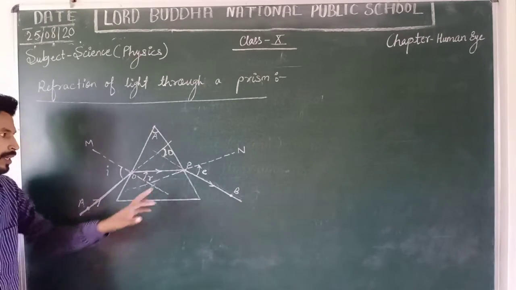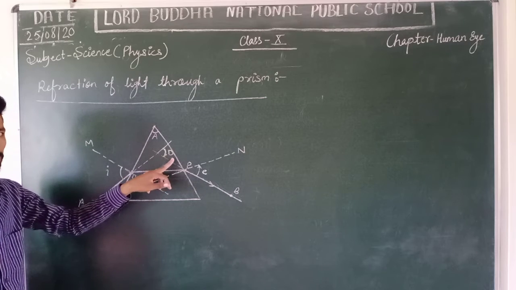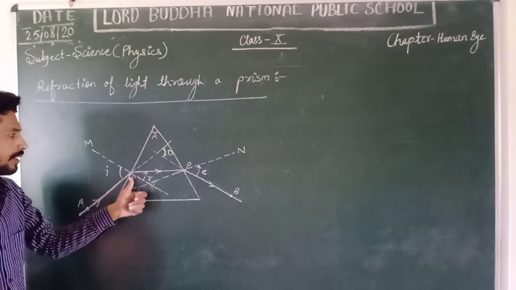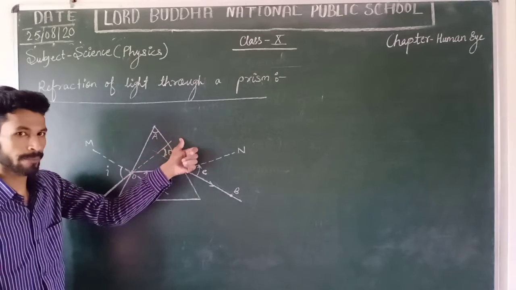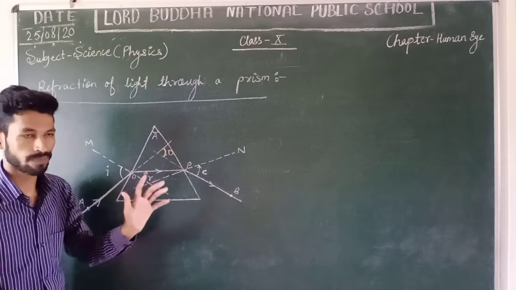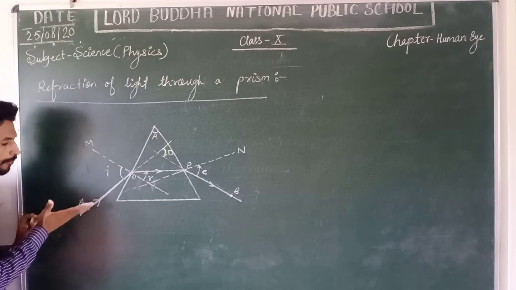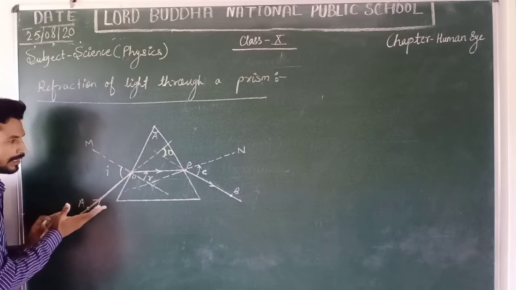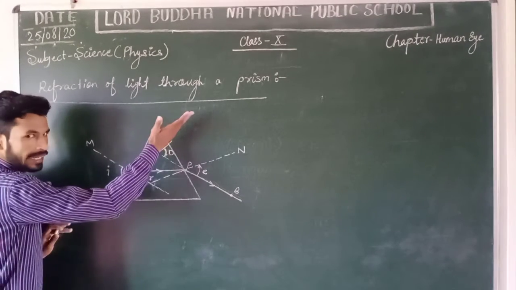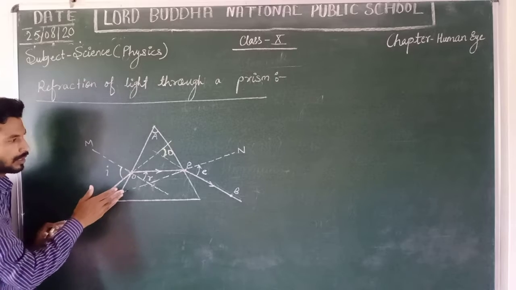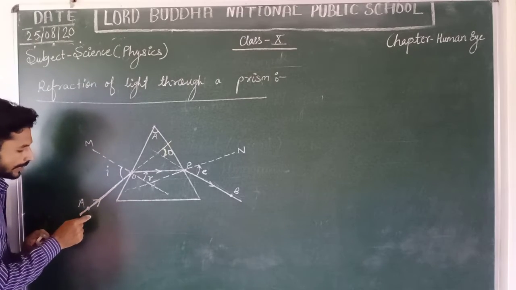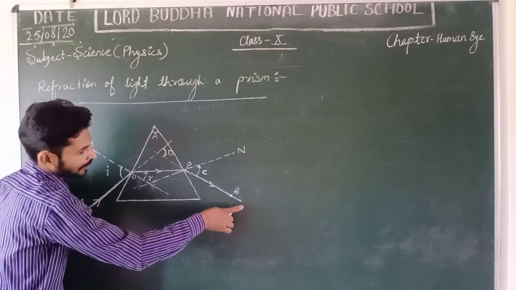That means angle of deviation tells us by how many degrees the incident ray has been deviated from its path. Suppose this incident ray passed straight through the prism, then there would be no deviation, but the incident ray is here and the emergent ray is here.